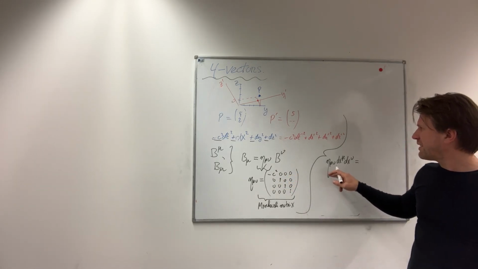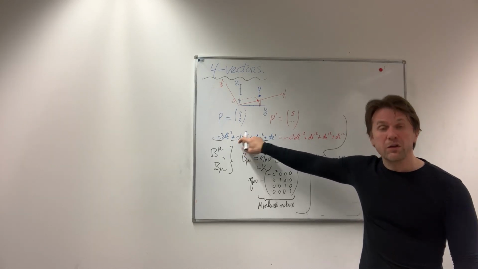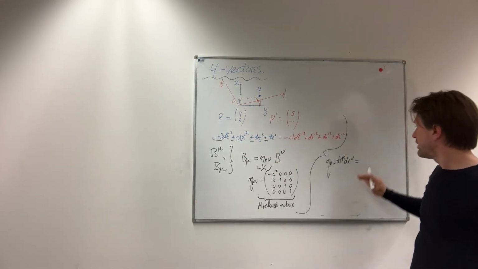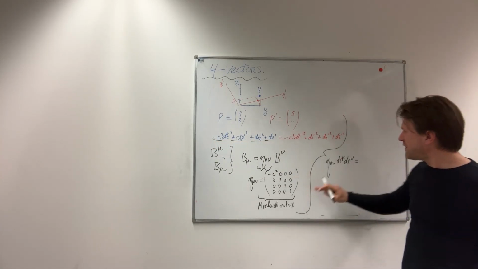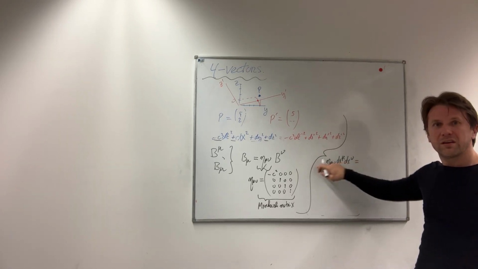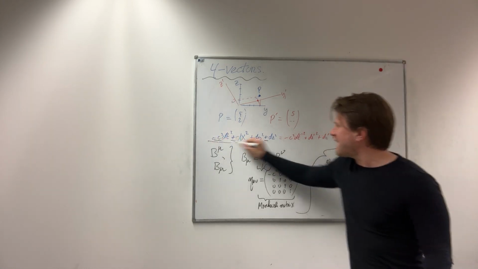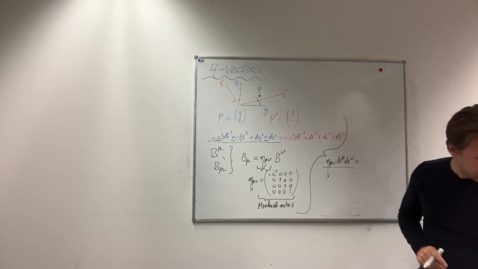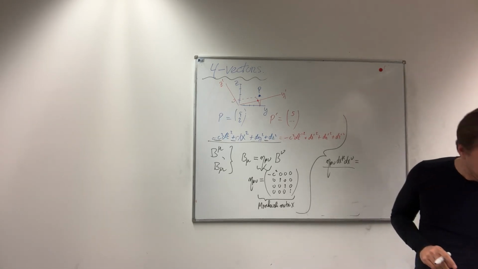So you will get plus dx squared. And continuing this way, you also get dy squared and dz squared. In other words, this combination can just be written in 4-vector notation as this, right here. This is exactly that. That's why it's called the Minkowski matrix.